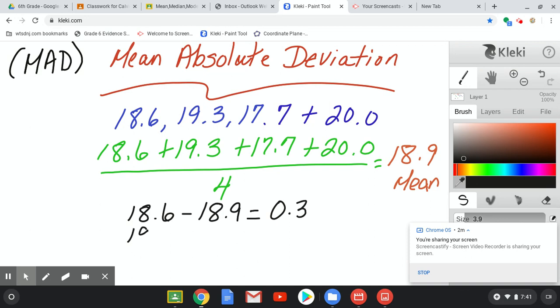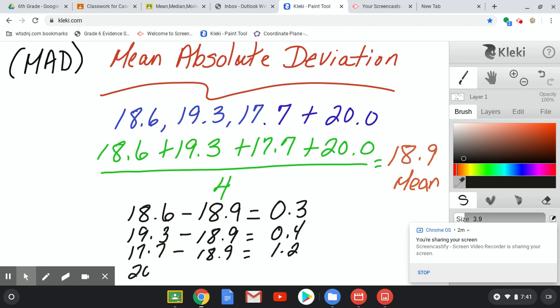I'm then going to take my 19.3, subtract my mean from it, and that would give me 0.4. I would then take 17.7, subtract my mean. I would get 1.2. And then take 20, subtract my mean, and I would get 1.1.